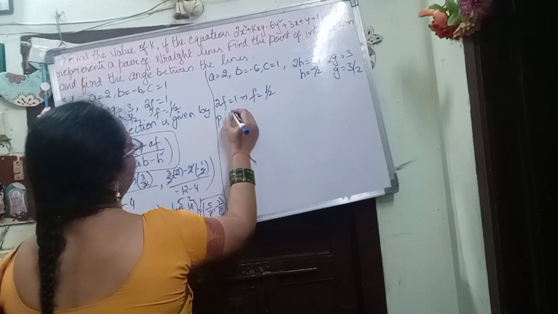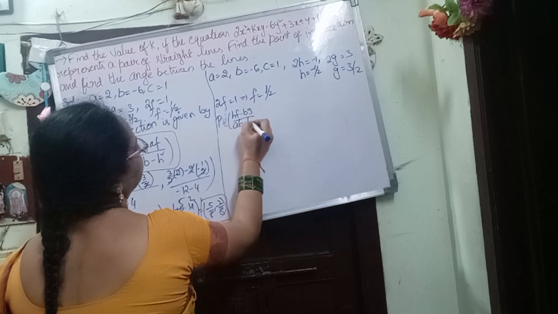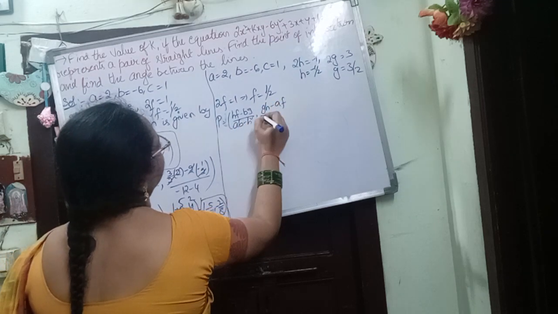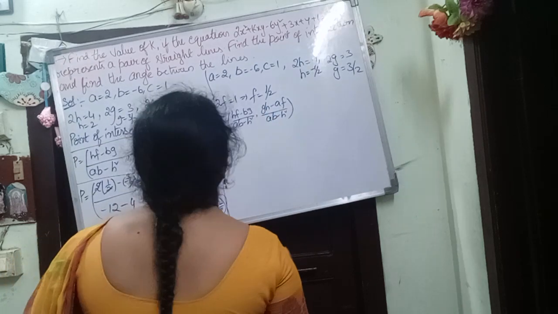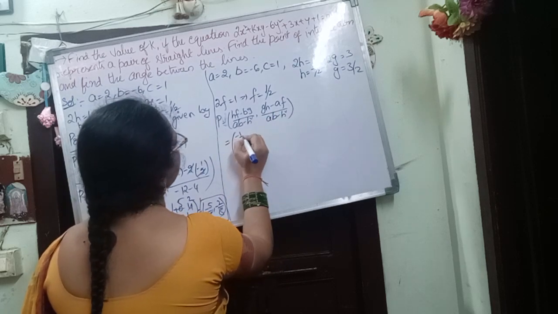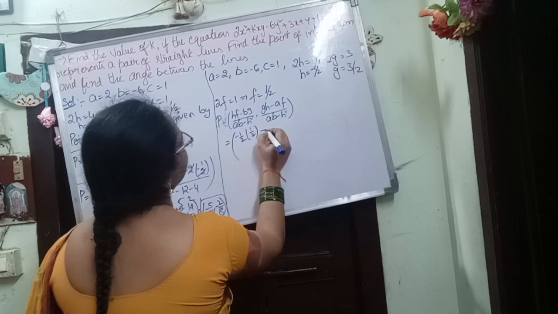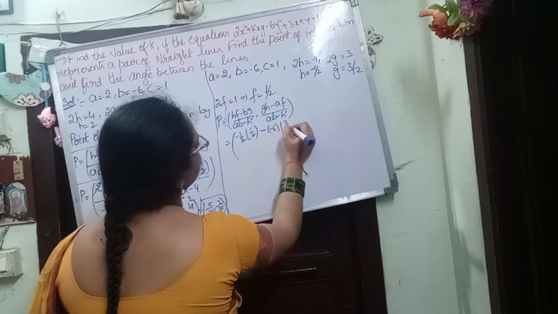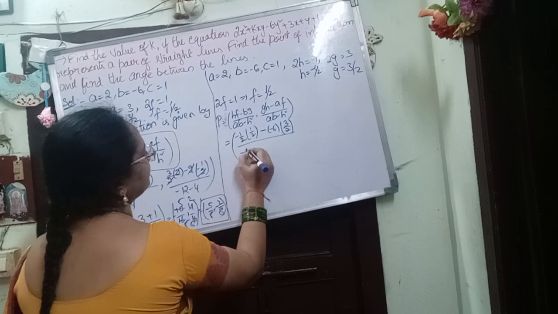Okay, now again write the point of intersection formula. P equals HF minus BG by AB minus H square, comma, one more, GH minus AF by AB minus H square. Okay, now substitute the values. H is minus 1 by 2. F is 1 by 2. Minus B is minus 6 into G is 3 by 2, by AB minus H square. AB is minus 12.